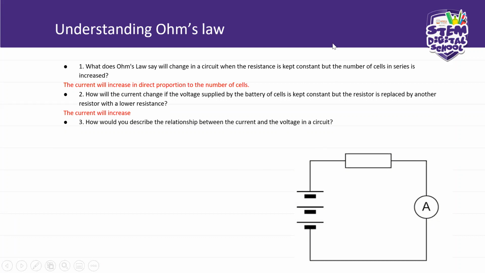Right, how would you describe the relationship between the current and the voltage in a circuit? I've given you the answer for this one. How do you describe that relationship? What is their relationship?